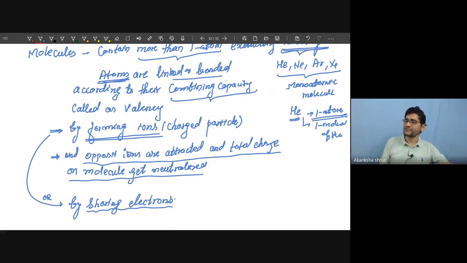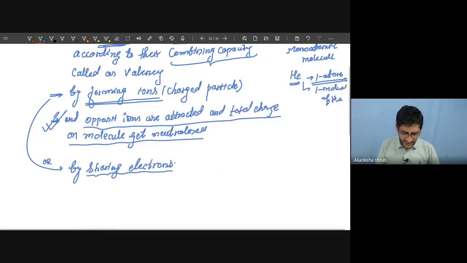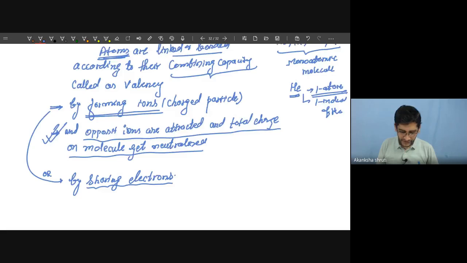This we can understand only after knowing the structure of atoms, so we will learn that after the next chapter. This topic is not in your book. What we have to learn in this chapter is how ions are formed and how ions get attracted to form a neutral molecule. Students, these are the two methods.